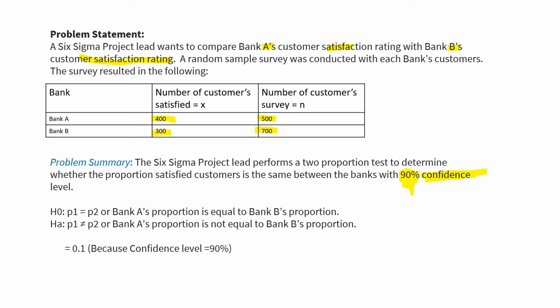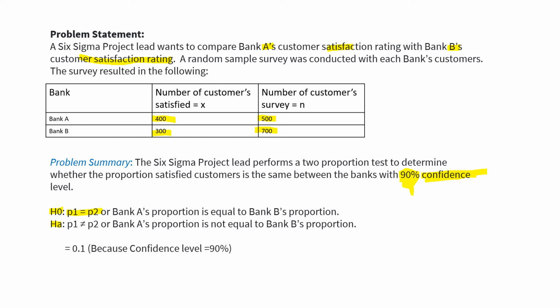H0, which is your null hypothesis, states P1 is equal to P2, which means both the banks' customers have equal satisfaction. Bank A's proportion is equal to bank B's proportion. And the alternative hypothesis, of course, is that it is not. P1 is not equal to P2.